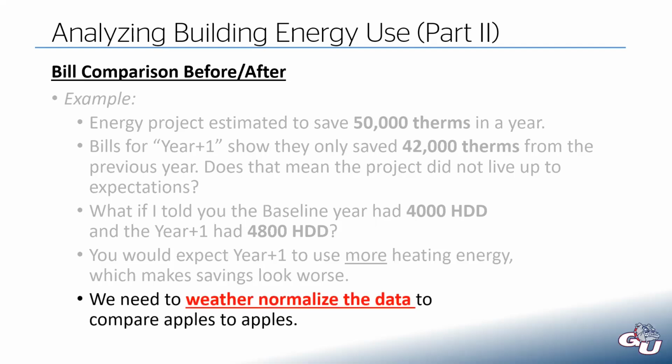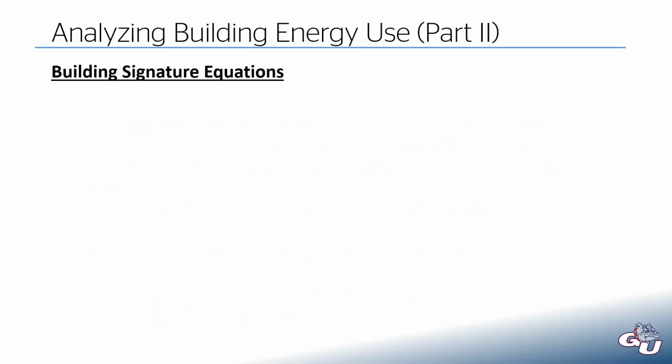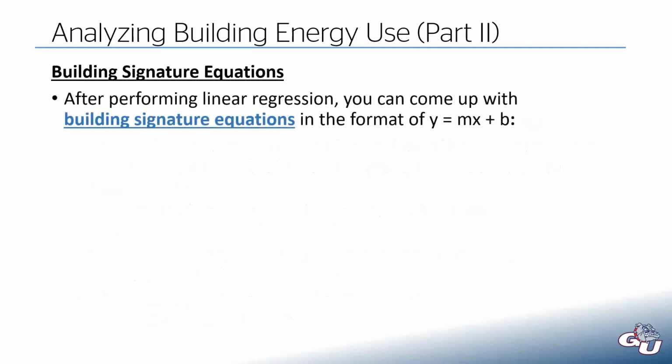To make an apples to apples comparison, we have to do what's called weather normalizing the data. We touched on this in the last class, where you plot your electric and your gas use against your heating and cooling degree days, and you run that linear regression. So we're going to expand on this idea.